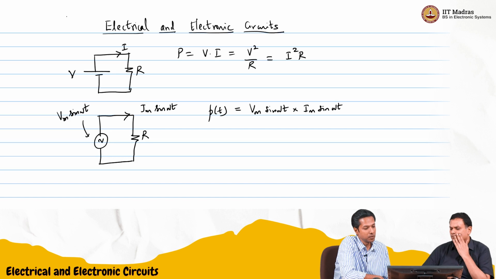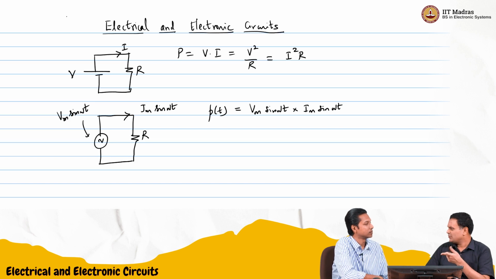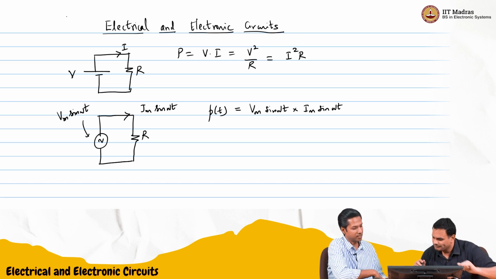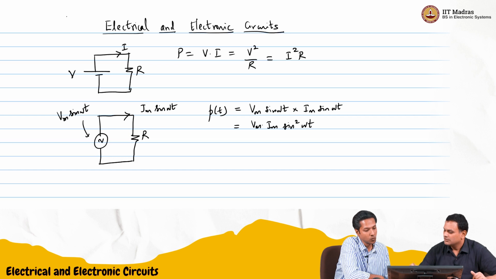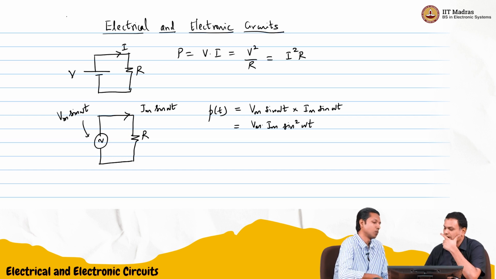So Vm sin omega t times Im sin omega t. We should simplify this. Maybe we can rewrite sine square omega t. So Vm times Im times sine squared omega t, and there is a relation to cos 2 omega t.